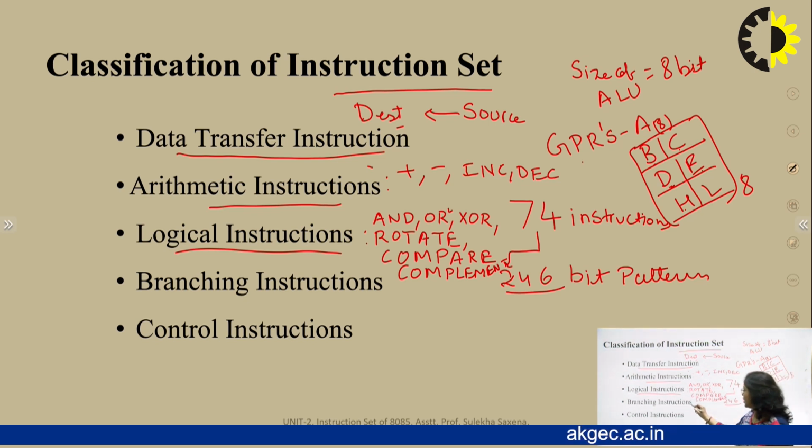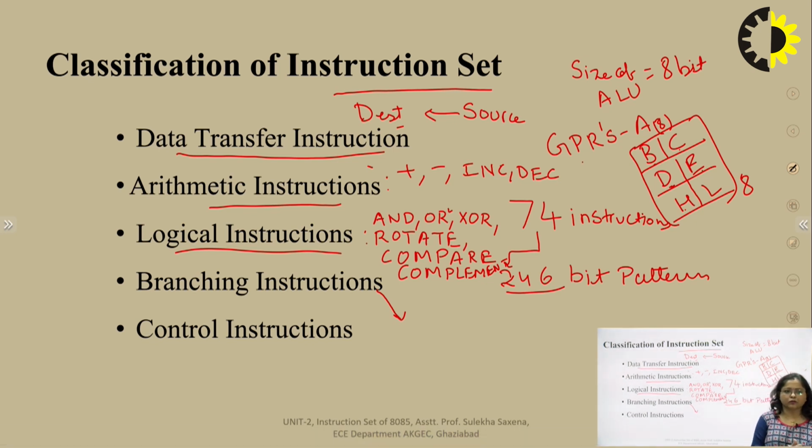Now we talk about branching. Normally, when an 8085 runs a program, it takes the next instruction from the +1 address. That is, if a program starts from memory address 2000, the next instruction will be fetched from 2001. But there are certain cases when we have to change the sequence of execution, and that is called branching.